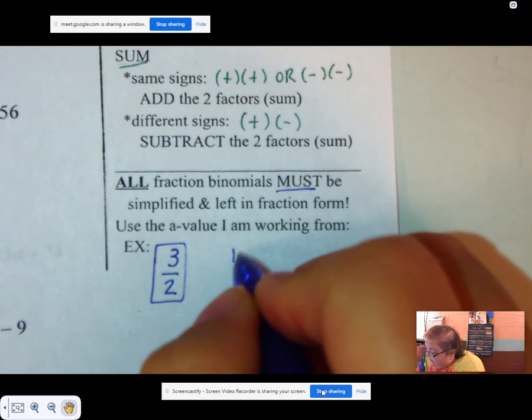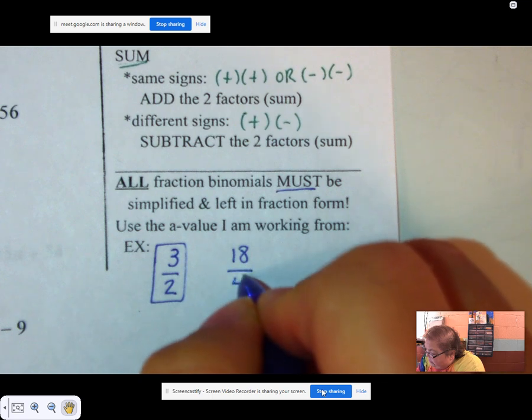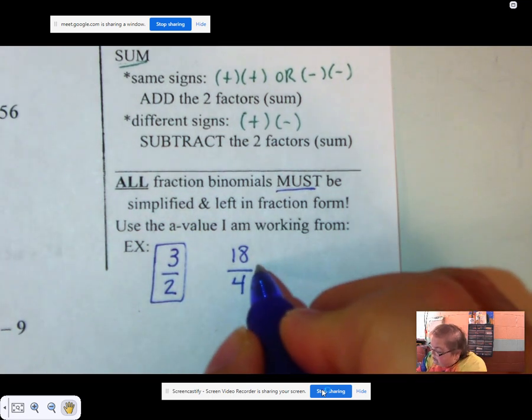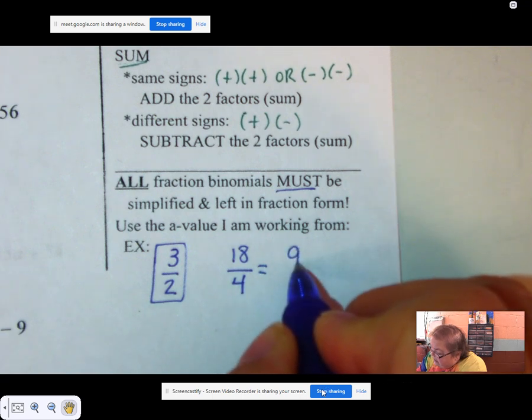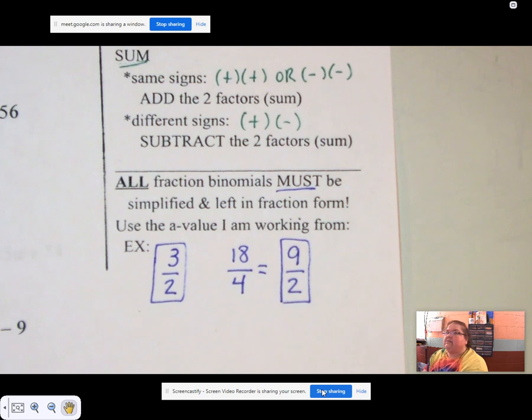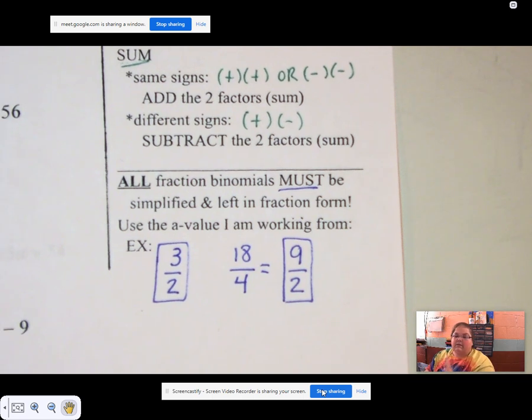However, if you have 18 over 4, you have to simplify that to 9 over 2 and leave it like that, okay? So there are no decimals here, okay? Fractions. So if you have a fraction, you get a fraction answer. That's how you leave it, okay?